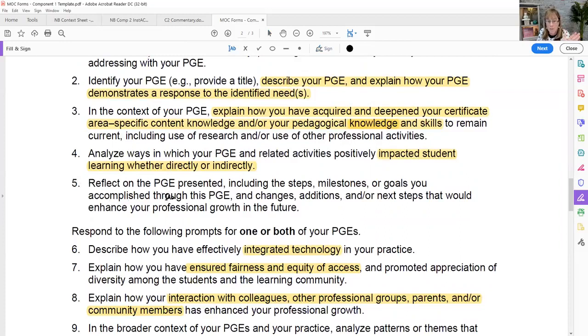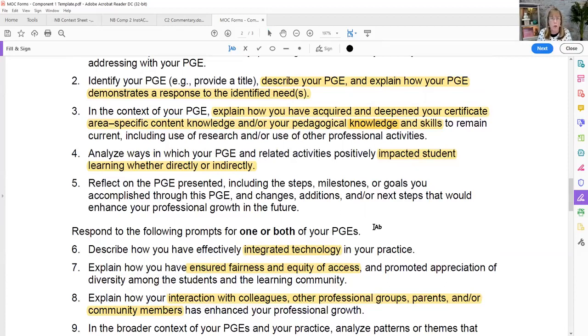Well, anyway, number 5 and number 9, that's reflective voice. If you were in the boot camp and you heard me talk about those reflective stems, you want to be in reflective voice. You really want to be thinking about the future or things that you would change. What are your next steps going to be?